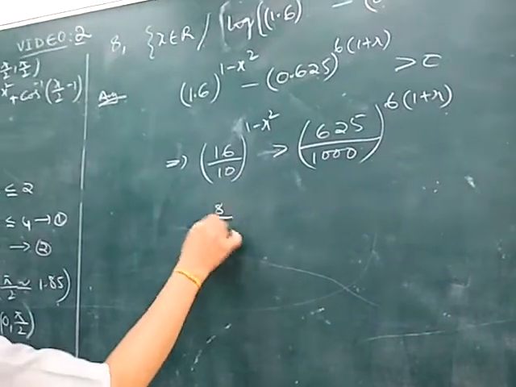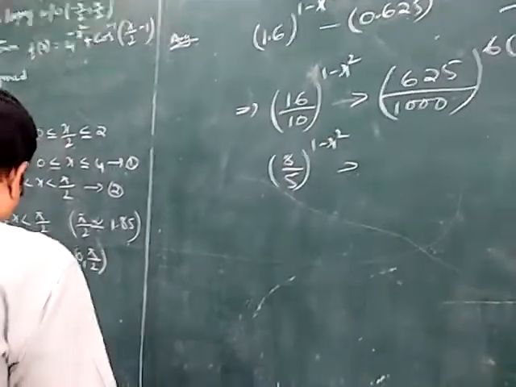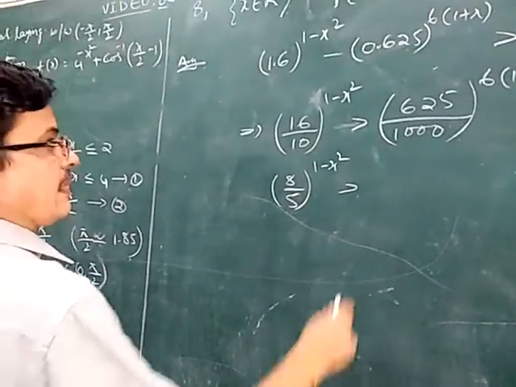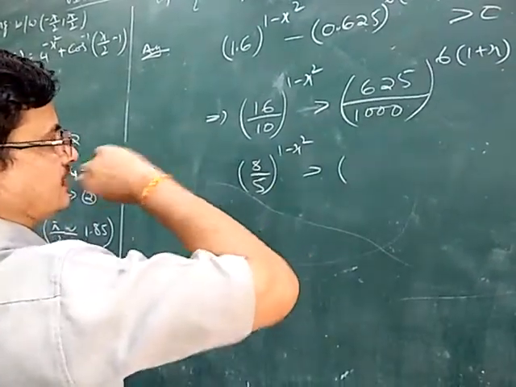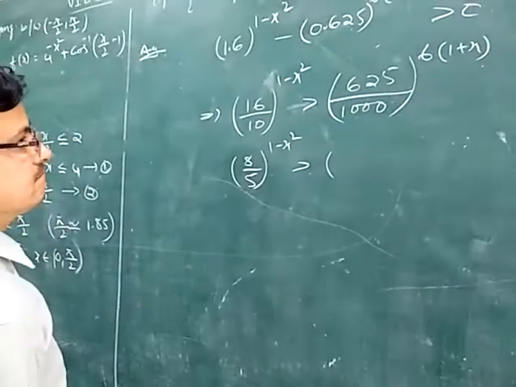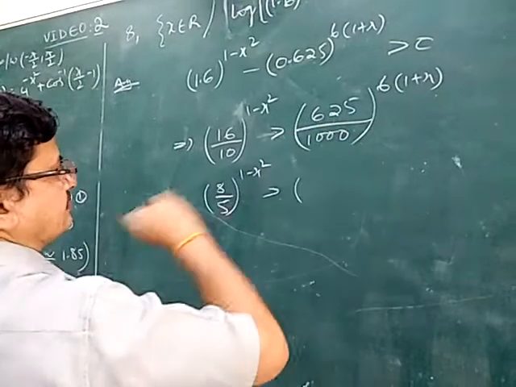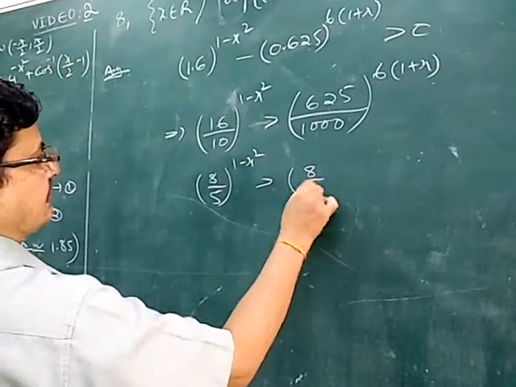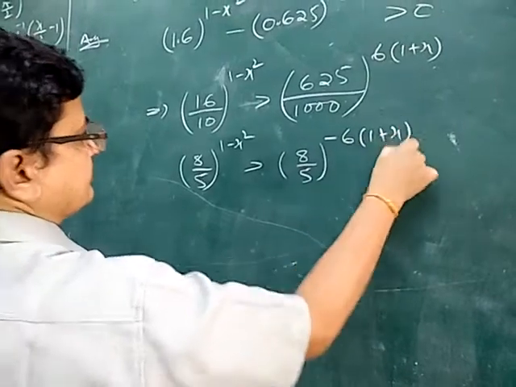This is 8 by 5 whole to the power 1 minus x square, that is greater than 625 by 1000, which is 5 by 8, that means 8 by 5 whole to the power minus 6 into 1 plus x.